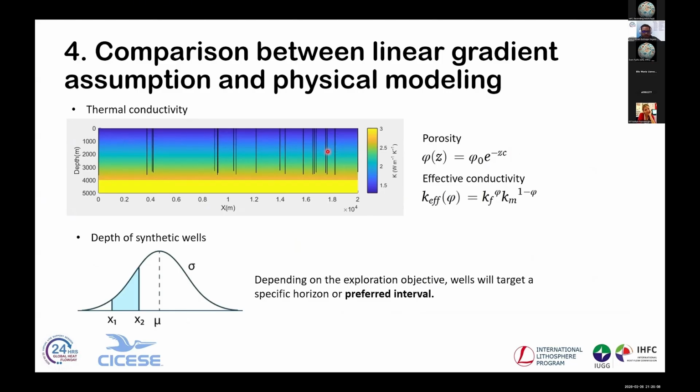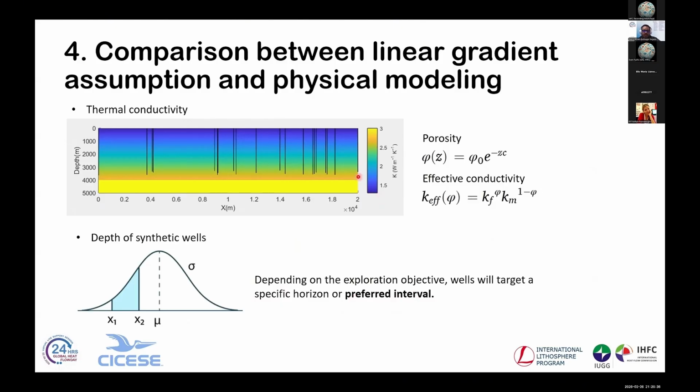The location of wells horizontally was random, but the length of the well was also considered a random variable, with an average value and a standard deviation. This is because, depending on the exploration objective, wells will target a specific horizon or preferred interval.